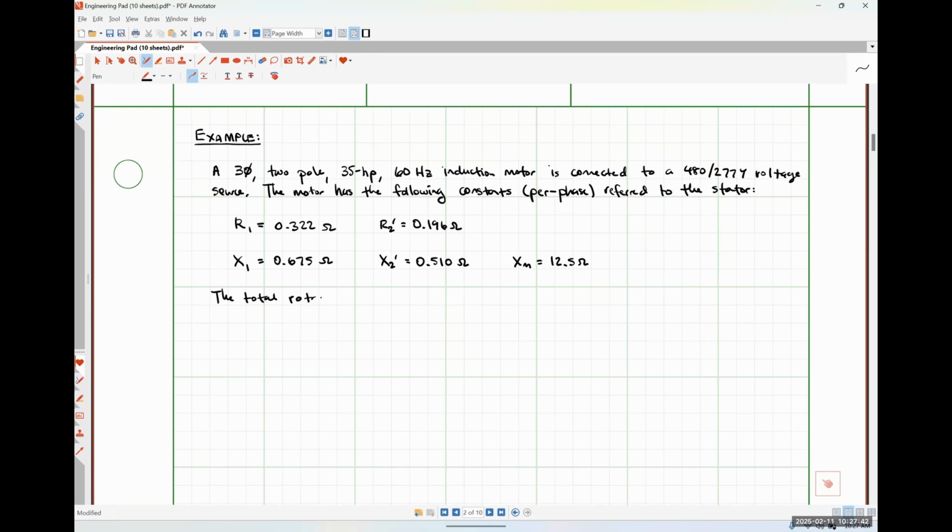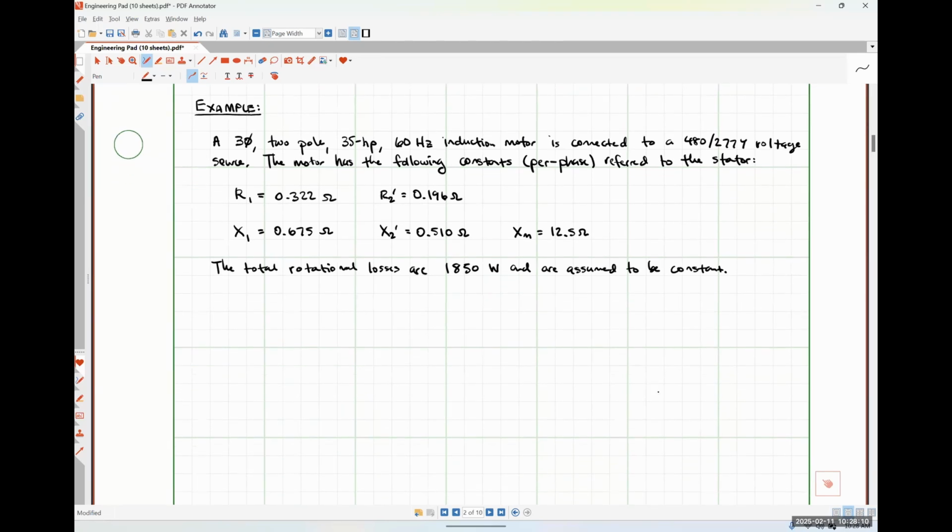The total rotational losses are 1,850 watts and are assumed to be constant. And then here's the information.